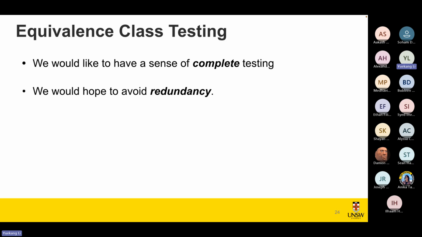Although we cannot try out every value or every combination because the input space is infinite, we still want a sense of completeness. So that's why we need to do things systematically, follow some rules. And we also want to avoid redundancy here.